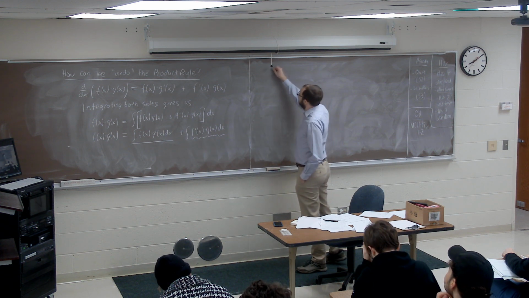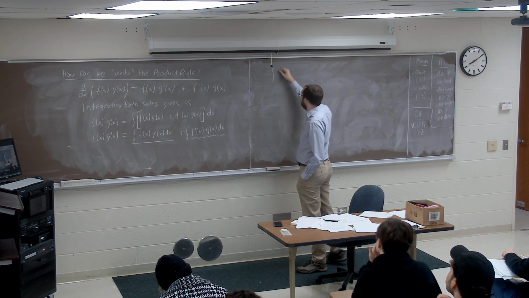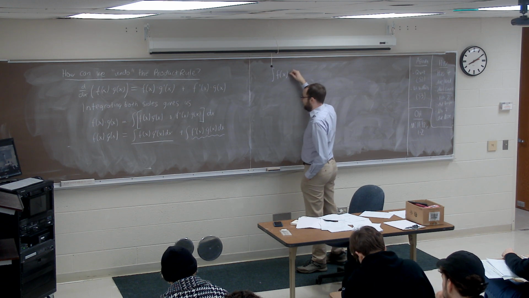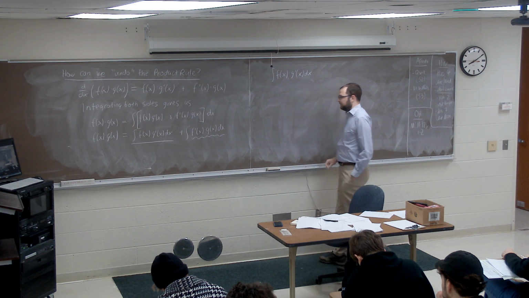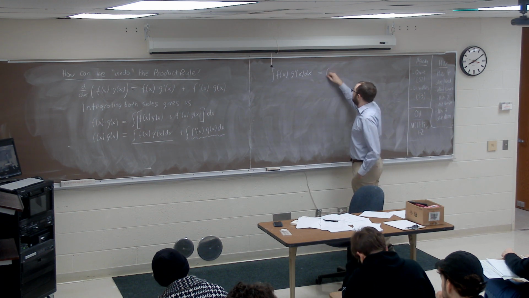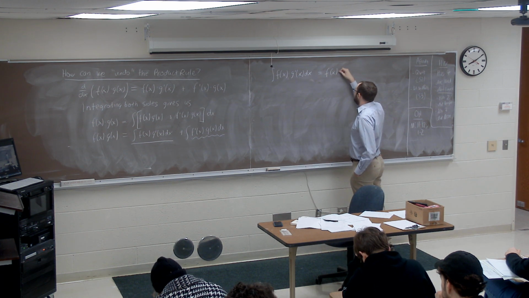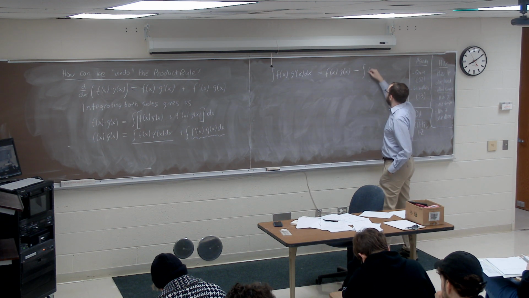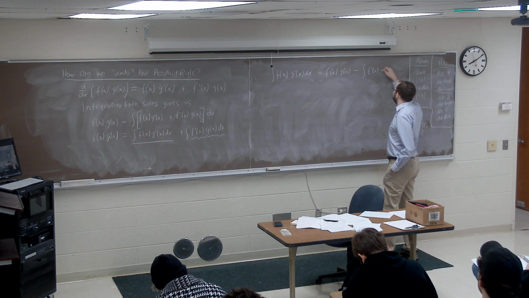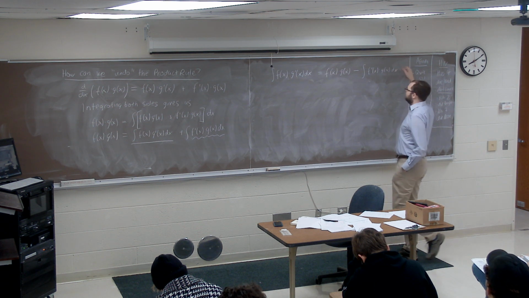So what we would be left with, if we wanted to solve for this, is the integral of f of x times g prime of x is going to be equal to f of x times g of x minus the integral of f prime of x times g of x dx.